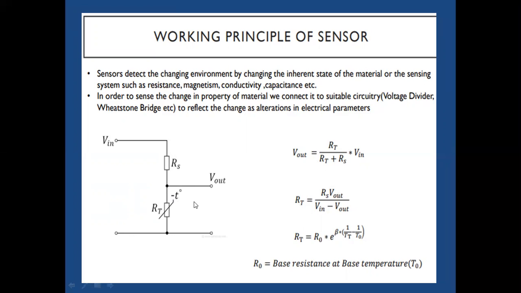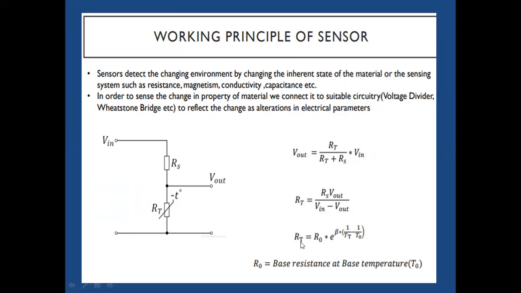If connected in a series connection, the V out would involve RS plus RT. Here, the total resistance is RT by RT plus RS multiplied by V in. By solving this equation, RT equals RS into V out by V in minus V out.